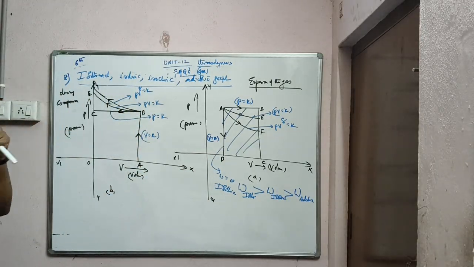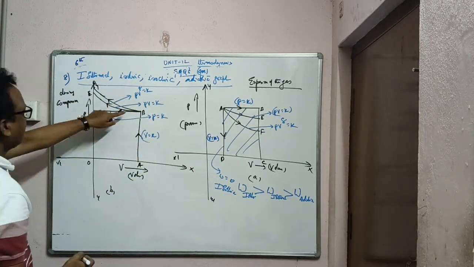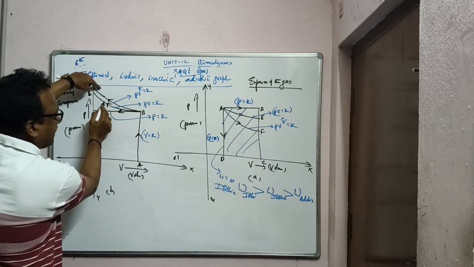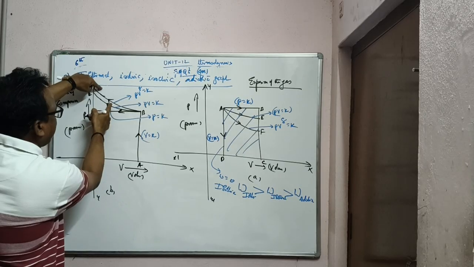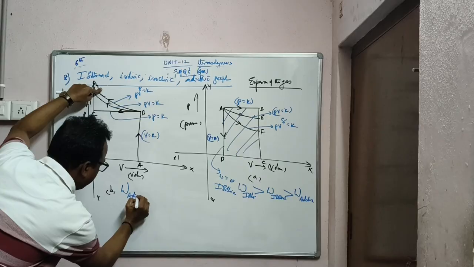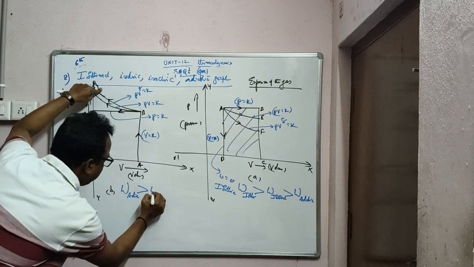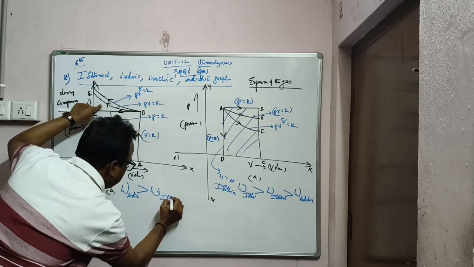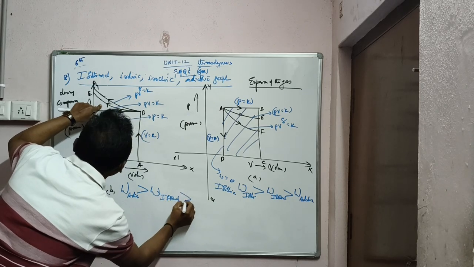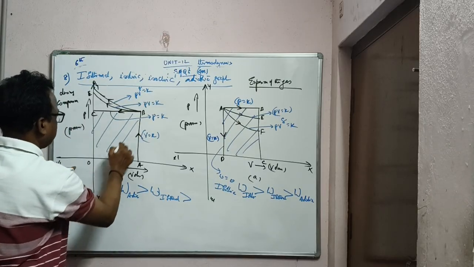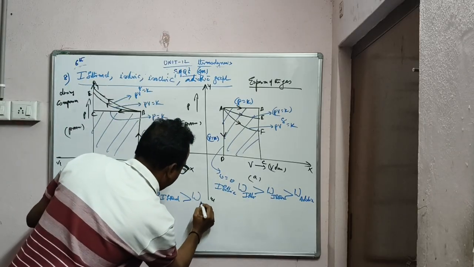Now coming to the reverse, what happens in compression, look. On this, this is steeper, you can take this as an adiabatic PV to the power gamma. So work done reverses: work done in adiabatic is greater than, next work done in isothermal is greater than, next pressure. You can see this is the area under the curve, isobar.